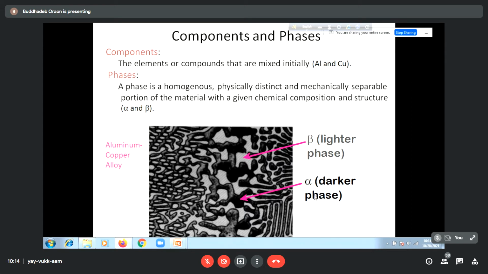Normally, when we will be talking about alpha, beta, or gamma, something like that, those terms are used to denote the solid phase only. So here, in case of copper and aluminum alloy, we have two elements. So those are the two components, and this diagram gives you the phase. It is the different phases mixed in this microstructure.